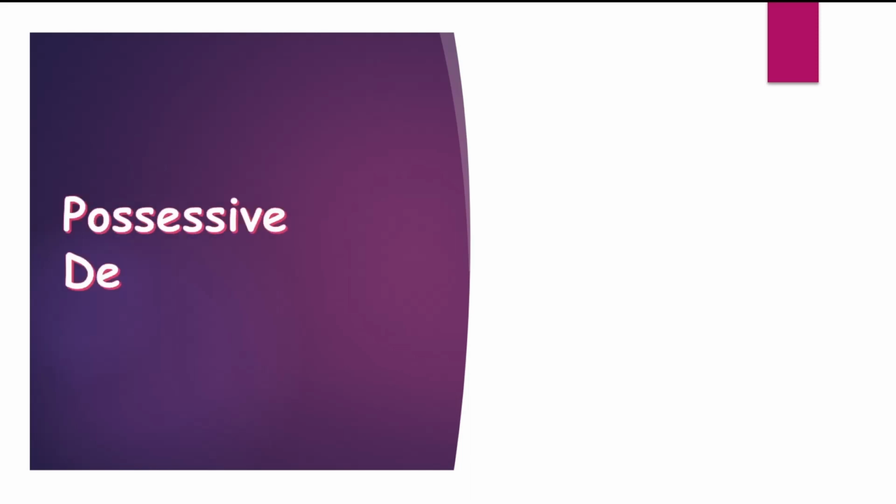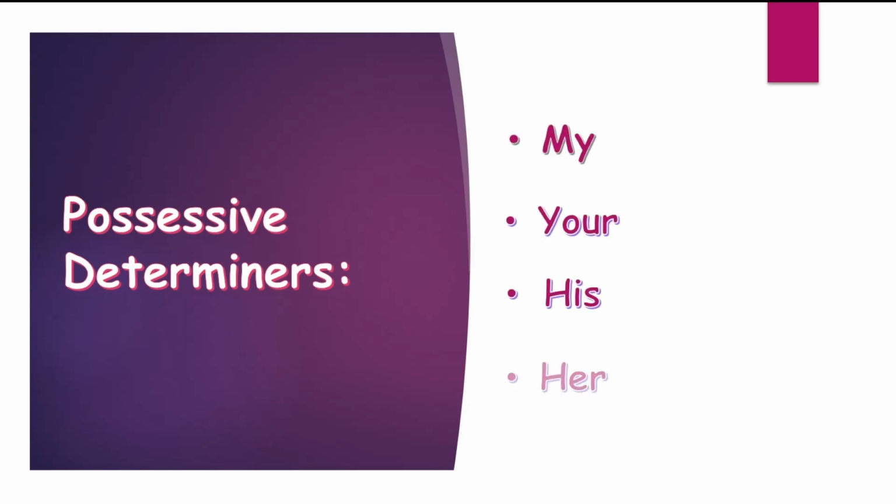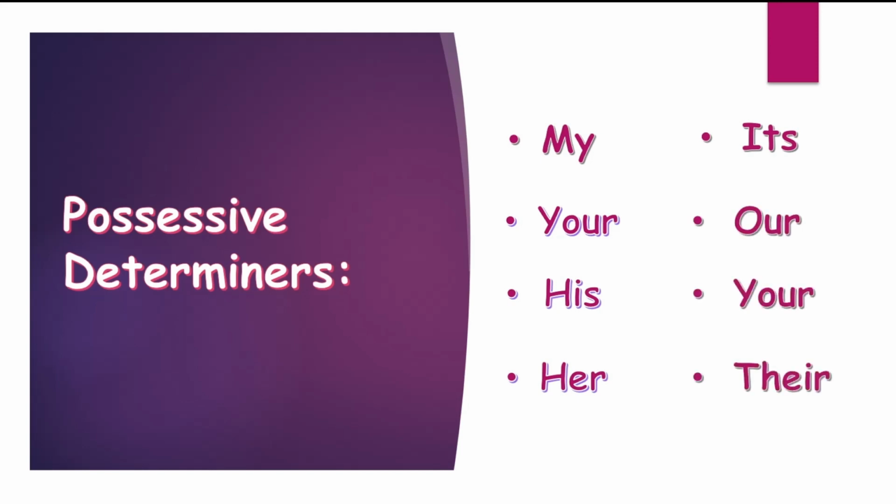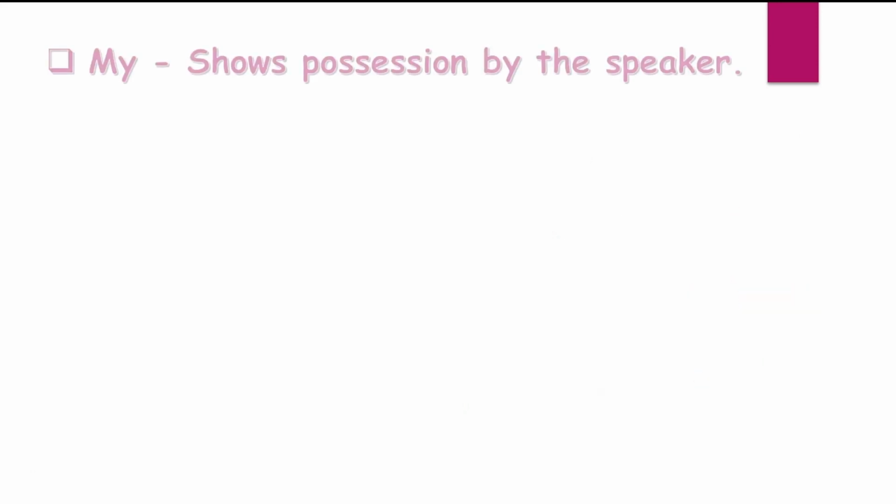Next type is possessive determiners. Possessive determiners are my, your, his, her, its, our, your, their. My shows possession by the speaker.